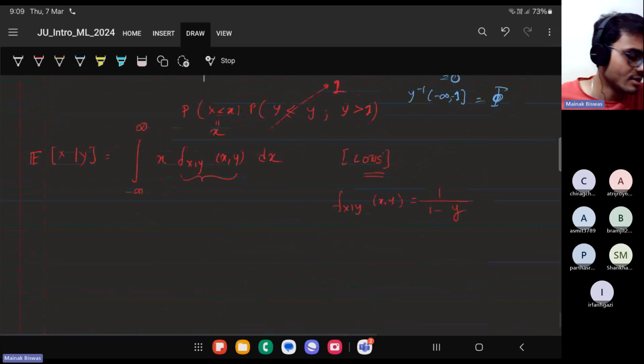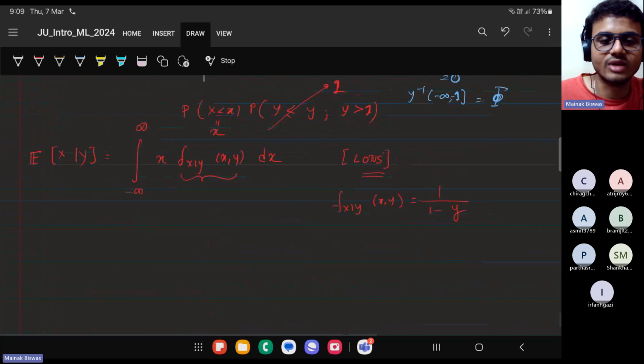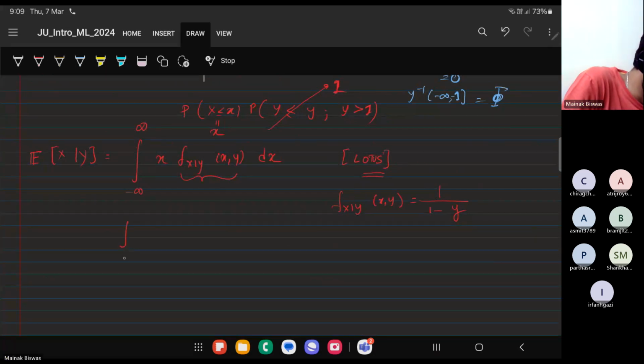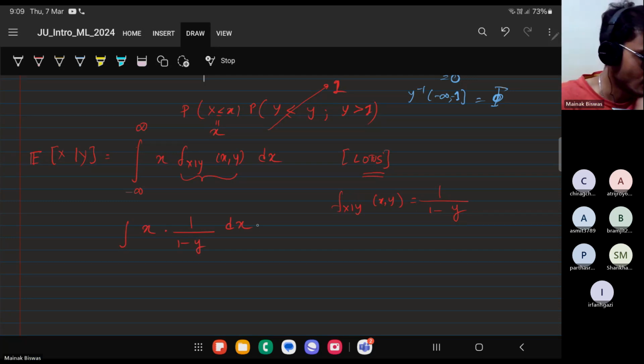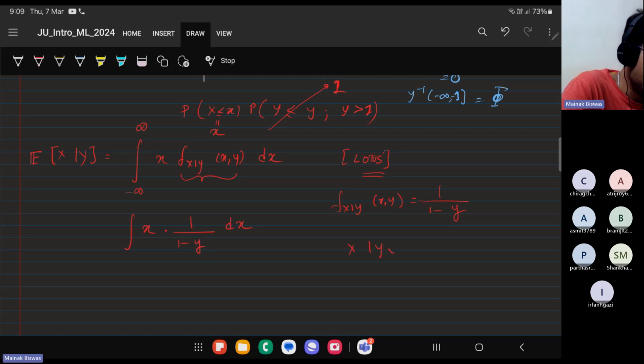Now tell me, what would be the expected value of x given y? What are the possible values of x? How is x given y distributed as? We did just now.